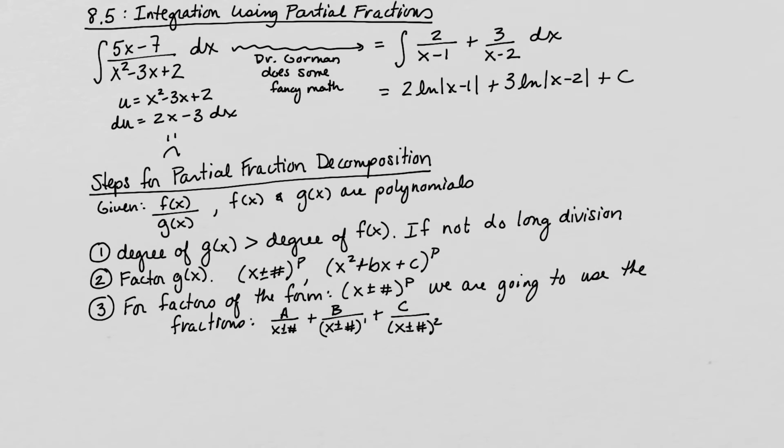So we have to keep going all the way until we get up to the power p. So plus dot dot dot plus, we'll just say q over x plus or minus a number raised to the power p. So for each of those linear factors, we have to put just a constant number over top of our factor. And then we have to do it to all the powers as we march our way up to p.